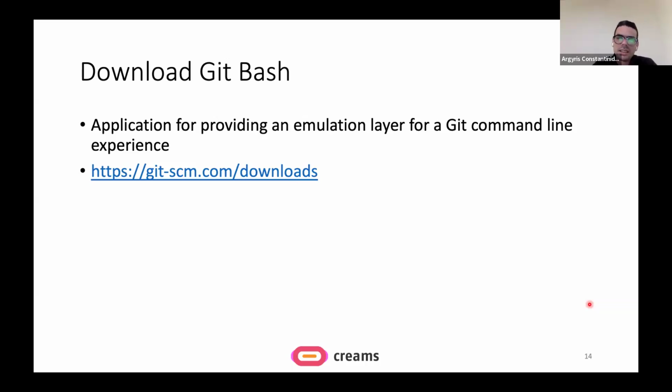So for that, there is the Git Bash software that offers an emulation layer for Git commands, and someone can download it from this link. And then it's a matter of, again, running a few commands on the terminal to get the code and start experimenting with it.